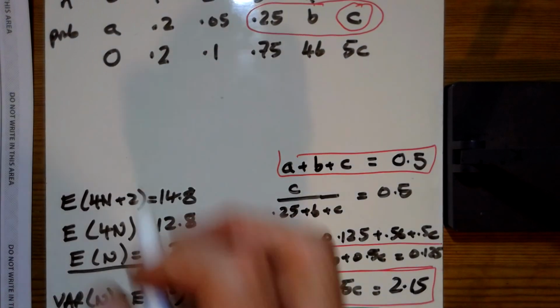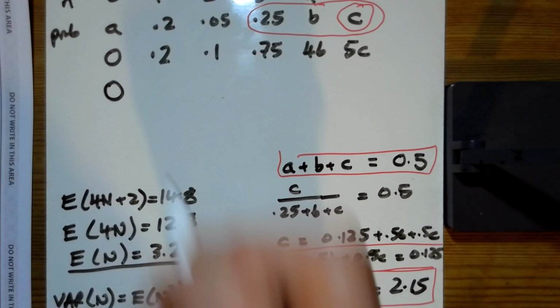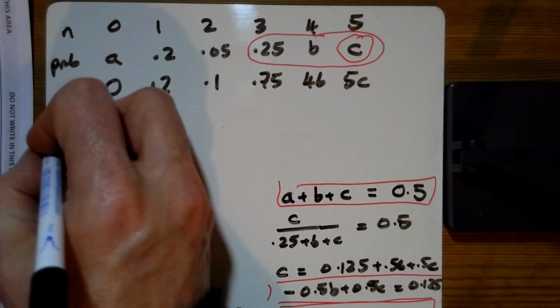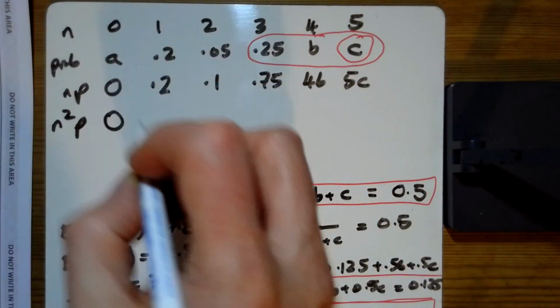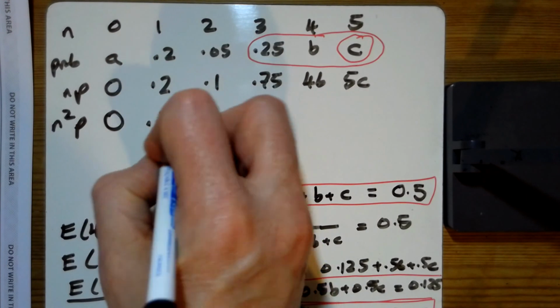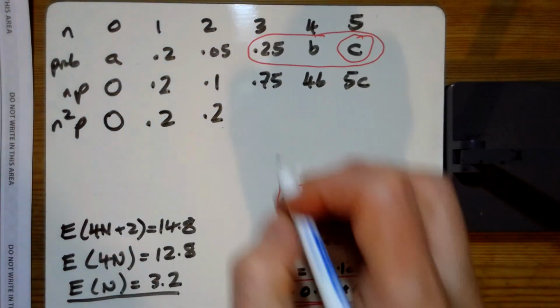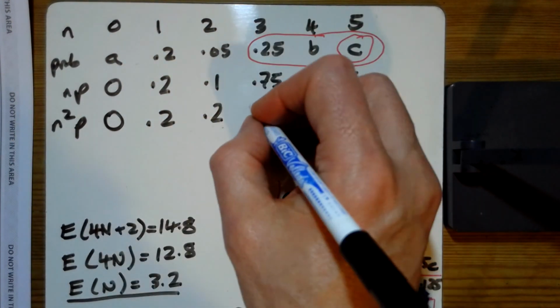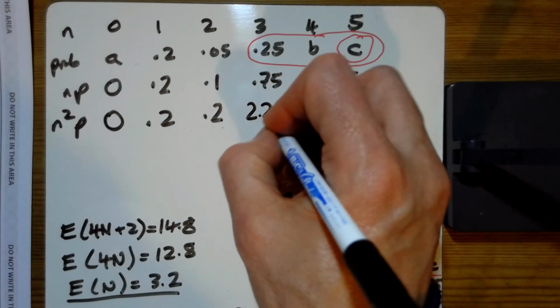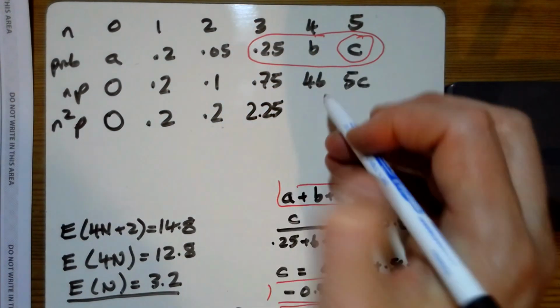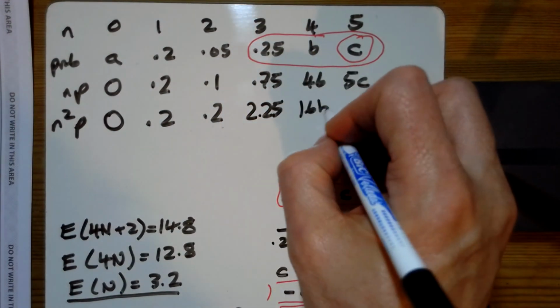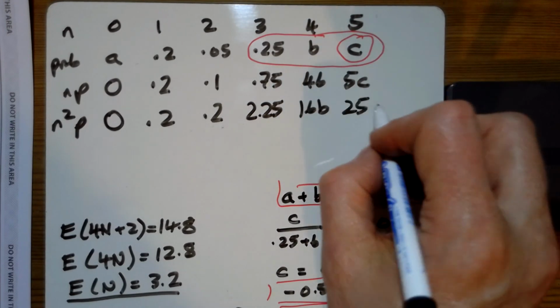So to find out the expected value of n squared, that's 0 for that one there. So this is n squared p here. So 1 times by that gives that there. 3 of those makes 2.25. Here we've got 16b, and here we've got 25c.